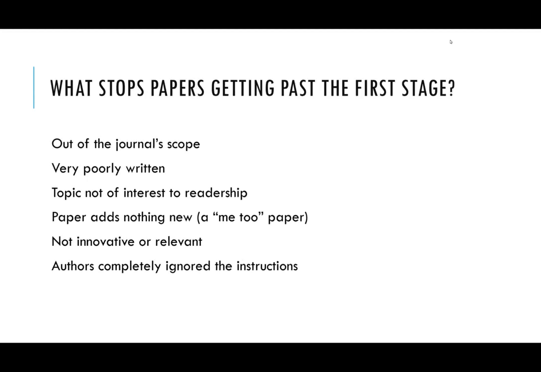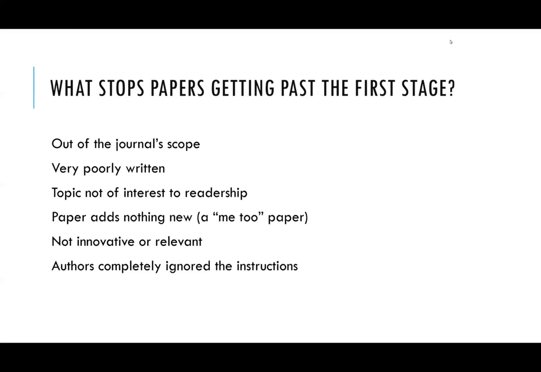So what stops papers getting past the first stage, perhaps most importantly, is that they're out of the journal's scope. You know, Gerodontology is a journal where we're publishing work on the oral health of older people. It's a very wide brief, but we still get papers submitted that do not even mention older people.